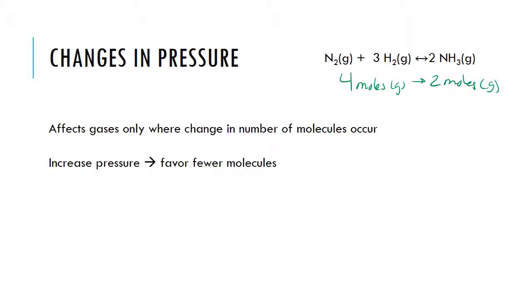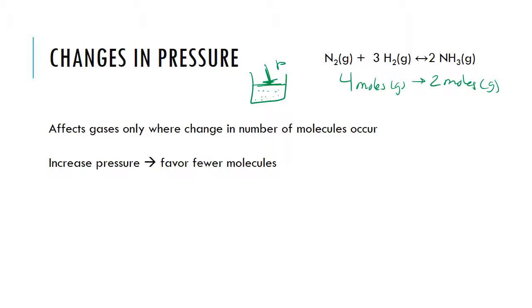So if you increase the pressure, so if this was done in a container, right, we want to increase the pressure. So when we increase pressure, one way to do it is to decrease the volume within that container so that the gases have to be in a tighter area, and that is increasing that pressure. A lot of times they'll do this by inputting or taking out atmosphere from the container in which it's in.